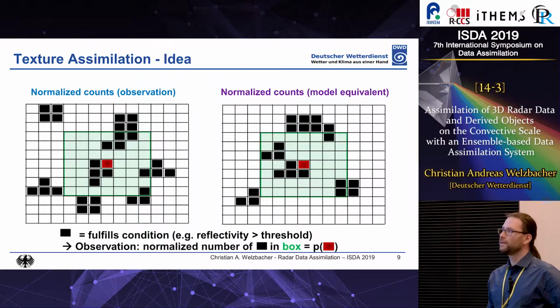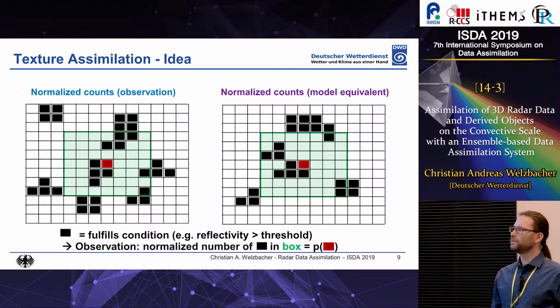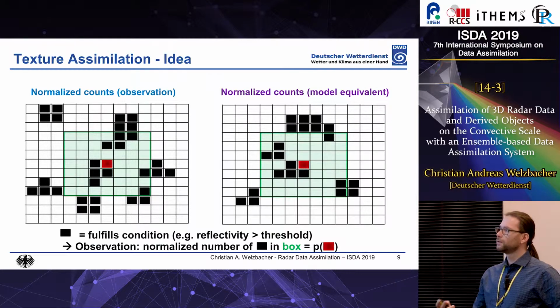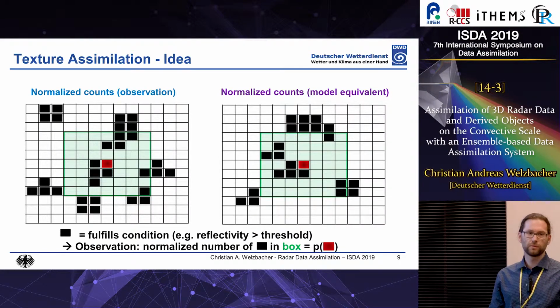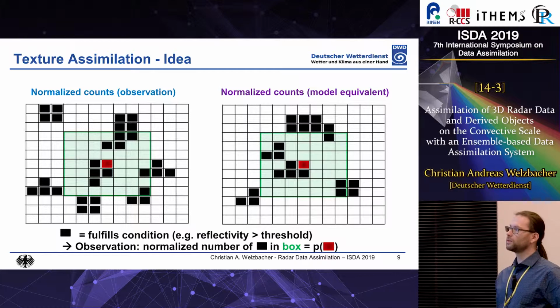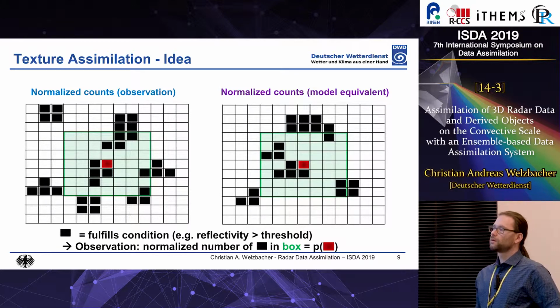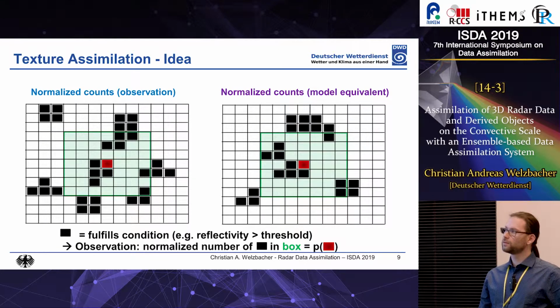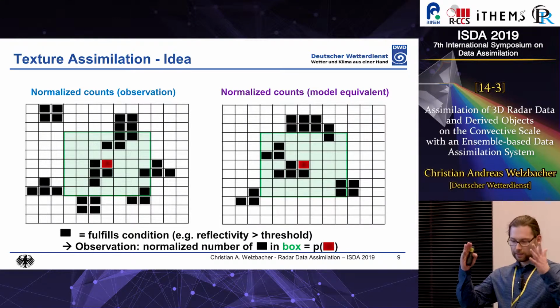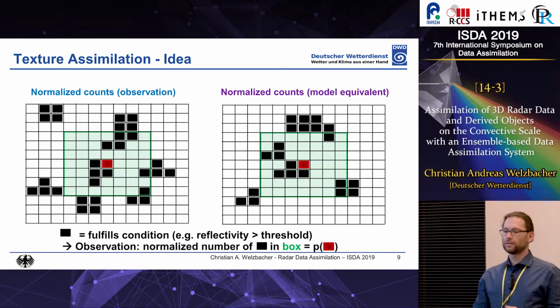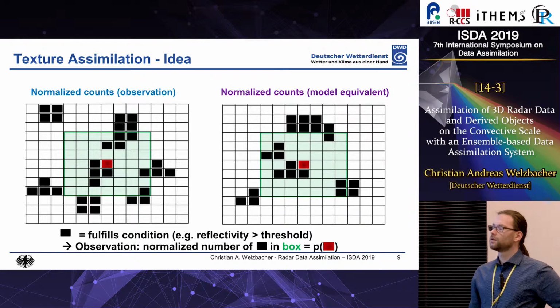Okay, what's the idea behind it? As I said, I threshold my reflectivities. I get a binary field, and just for illustration, I say pixels which are higher than the threshold are in black, and I create some sort of pseudo-observation. This is the red box in the middle, and I take an area around this pixel and count the pixels or the model grid points which exceed the threshold.